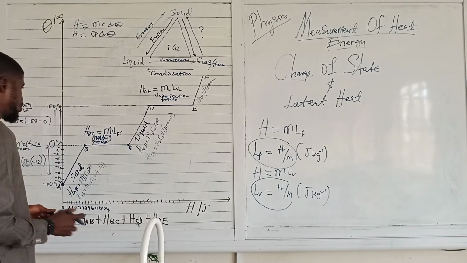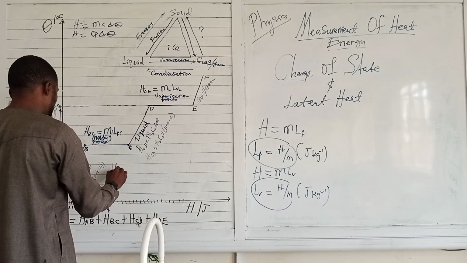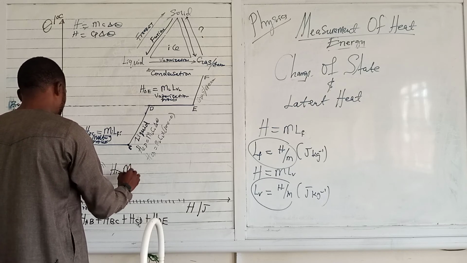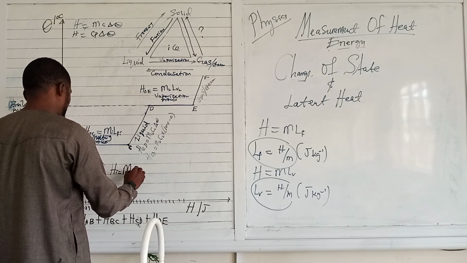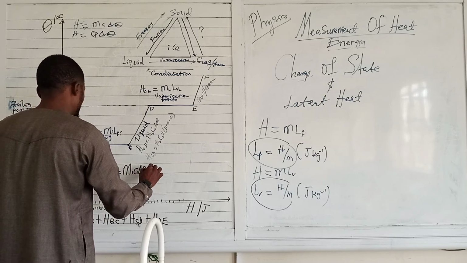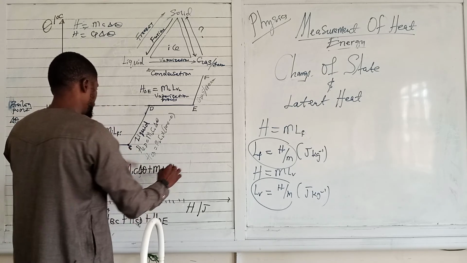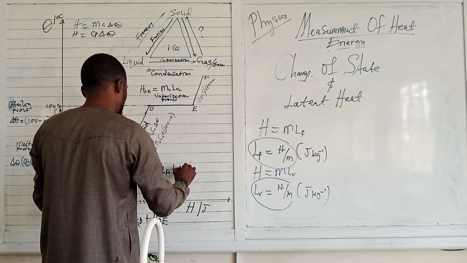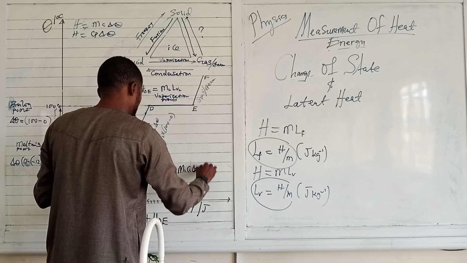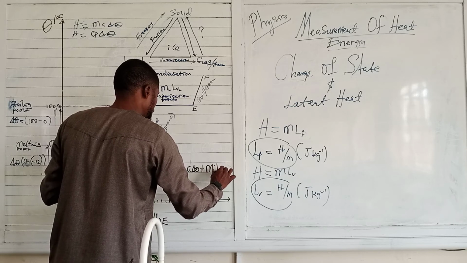To this, we have come to the end of this video. So if you want to write in summary, you can say that your H total is equal to mass of ice, specific heat capacity of ice, times change in temperature, plus M of ice times LF of ice, plus mass of liquid, specific heat capacity of liquid, times change in temperature, plus M of liquid times LV of liquid.